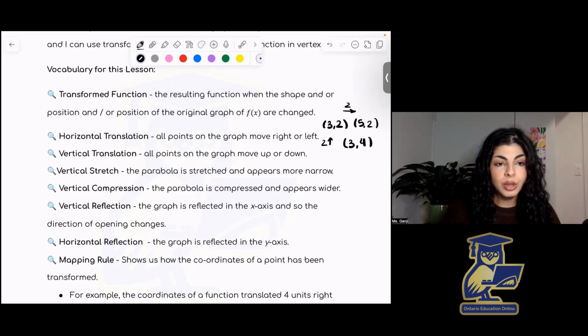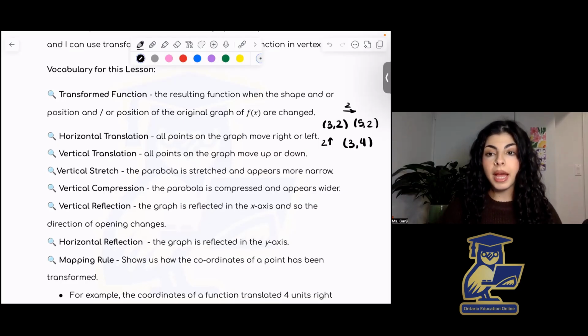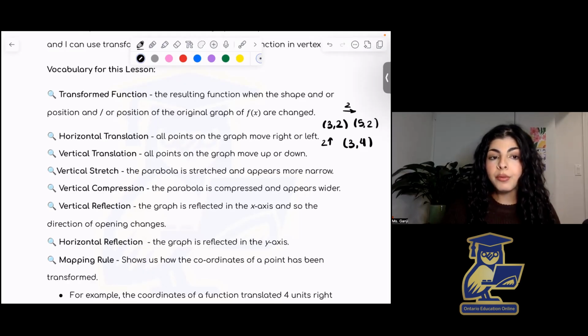Now, a vertical stretch and compression happens when you take your function and multiply the output by a specific scale factor. What that scale factor is will determine if it's a stretch or a compression. If the scale factor is between 0 and 1, then your output values are going to be decreased in comparison to the parent function.